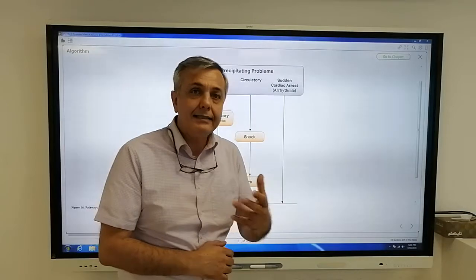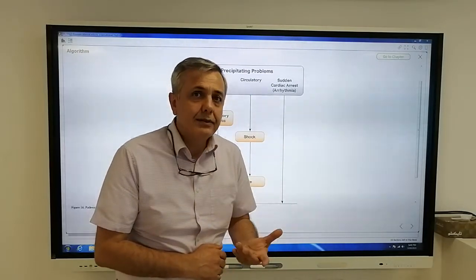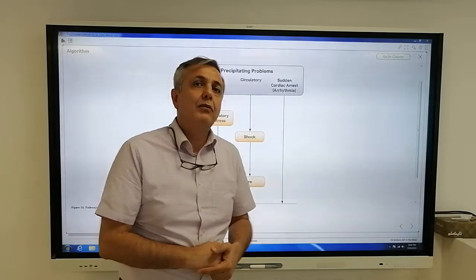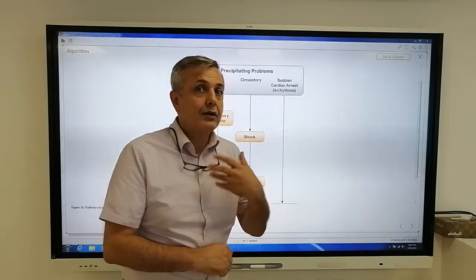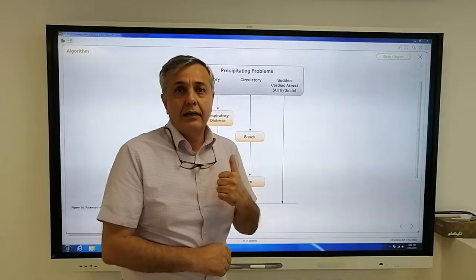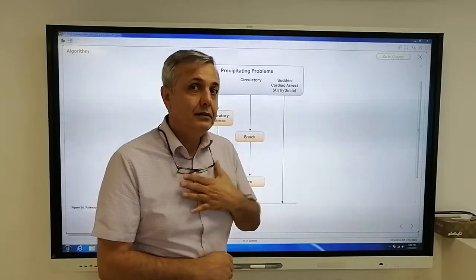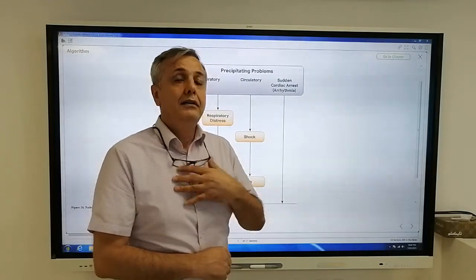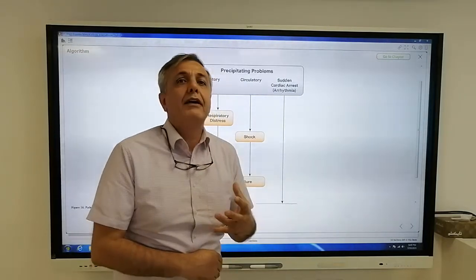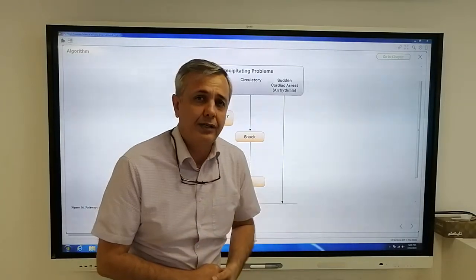If the chest rise is there, what are the sounds? Is there an abnormal sound, such as gurgling on breathing or stridor during the inspiratory phase? This means the airway is not fully patent and it needs intervention.